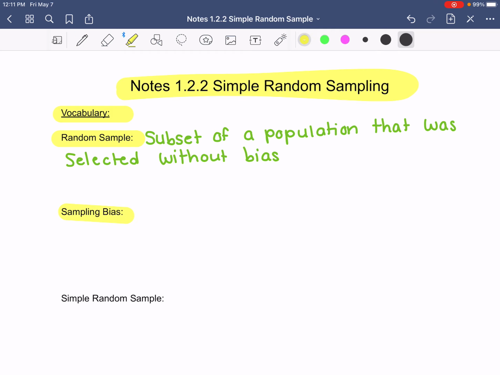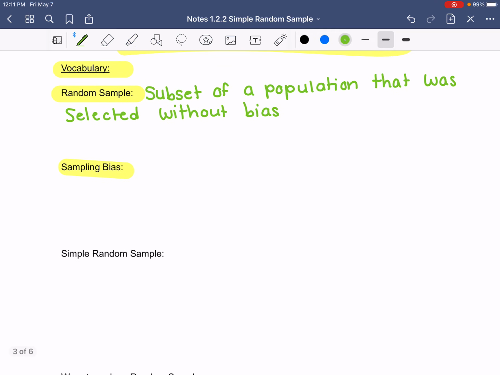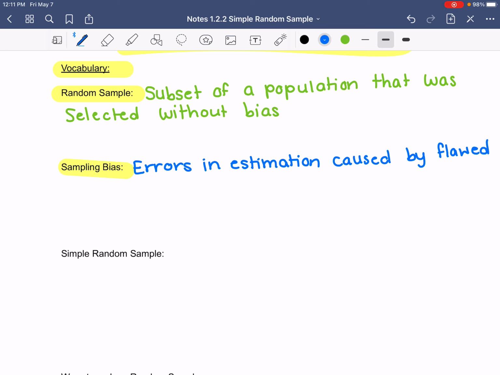So what is bias or sampling bias? When you're picking your sample and there's bias, it just is errors in estimation caused by flawed or non-representative selection.